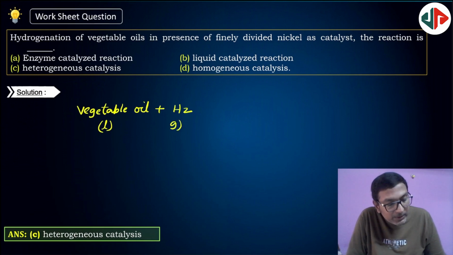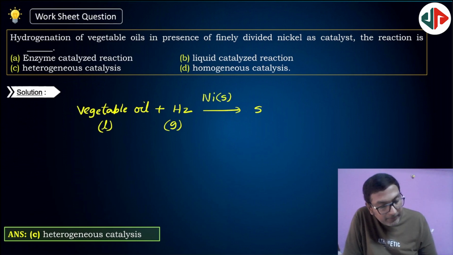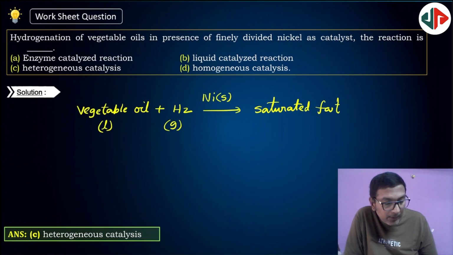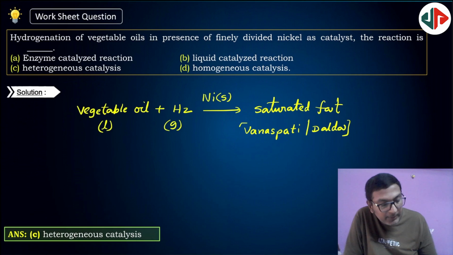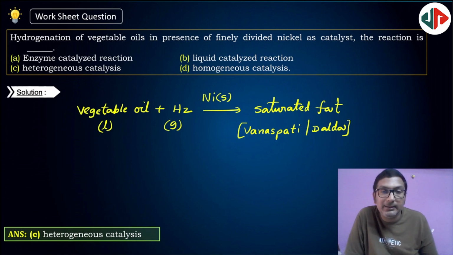Hydrogenation means H2 gas in the presence of nickel solid gives saturated fat, which is known as vanaspati or dalda. Very, very important. Vanaspati or dalda. So this is also solid.